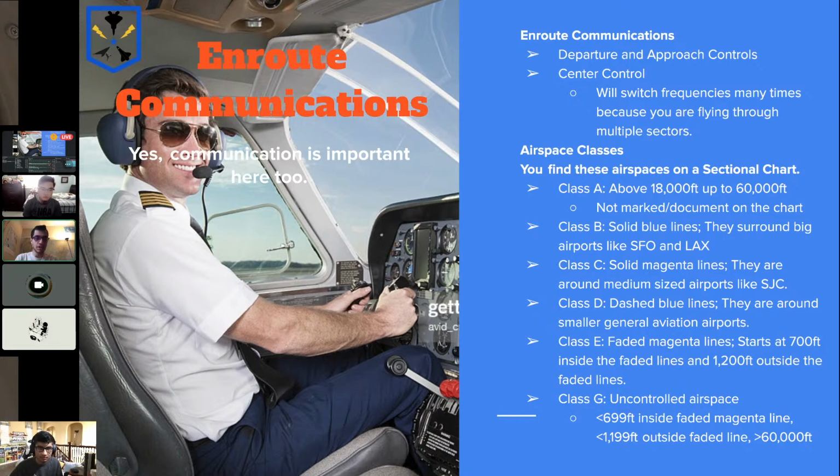So on radio calls, they'll say the call sign, and then they'll add heavy. So they'll say, for example, Delta 467 heavy, and that way other pilots in the vicinity know that Delta 467 is a big plane and has more wake turbulence.